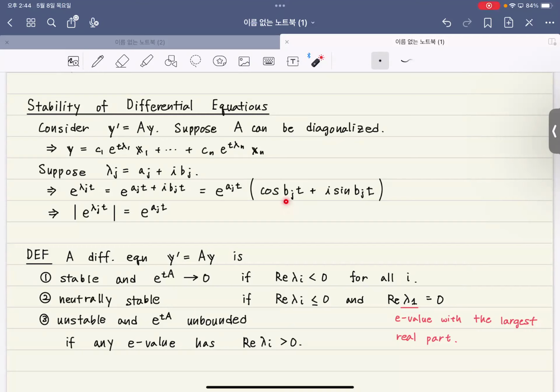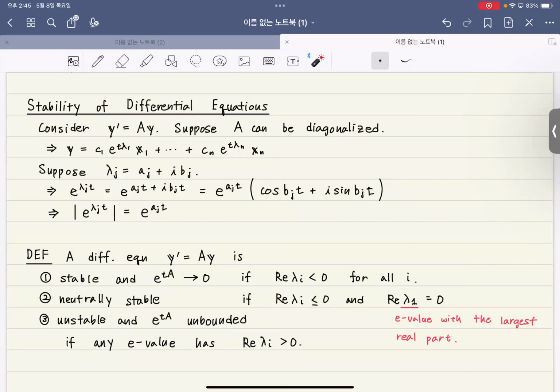Because of the cosine and sine factors, these two terms mean the rotation. So most terms will tend to 0, but some terms associated to these eigenvalues will eventually revolve forever.